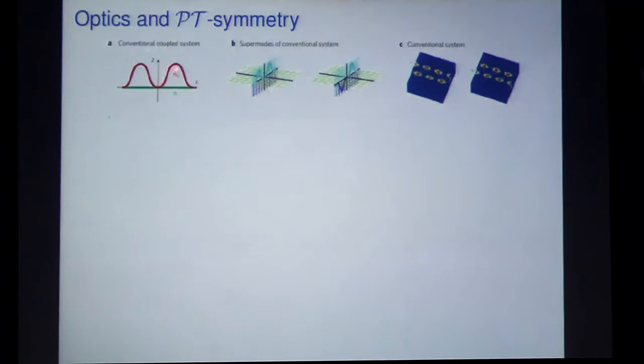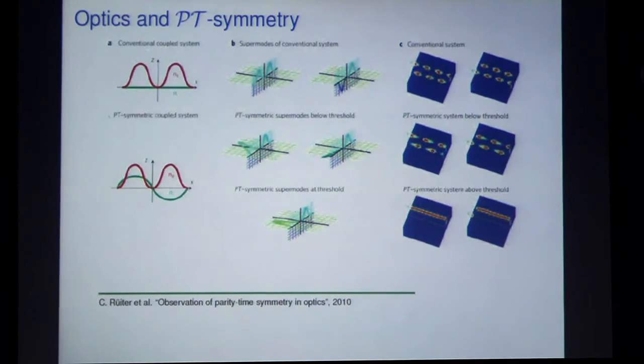The red line is the real part of the refractive index, and the green line is the imaginary part of the refraction index. So they solved the system and made the experiment, and they noticed that if you injected light in one of the waveguides, the light was traveling back and forth in these two waveguides. If you inject light in the other side, well, you have a similar behavior.